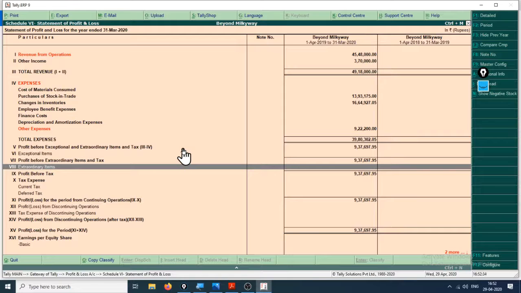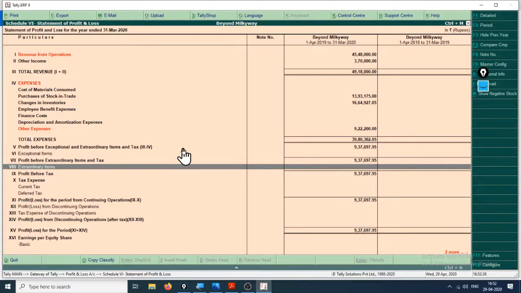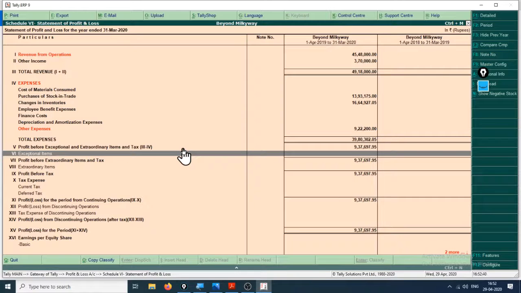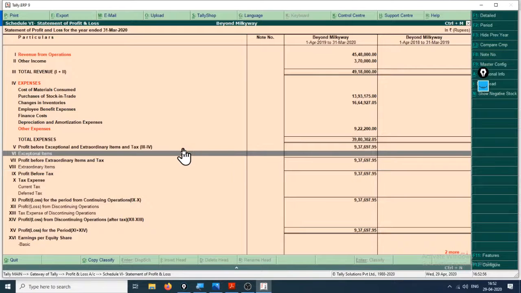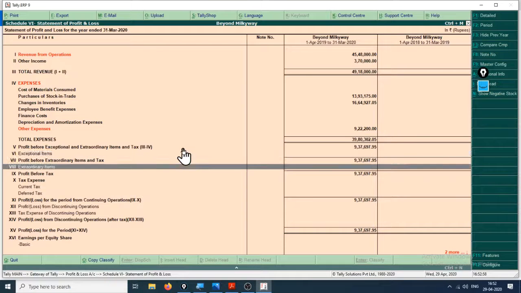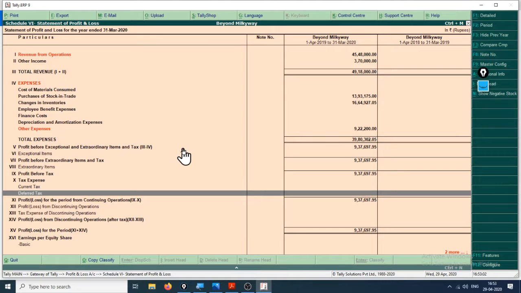Which are exceptional and extraordinary in nature, that is like loss by fire, loss by any natural disaster, loss by any person, or if any goods are stolen, that is an extraordinary item which is not supposed to happen in ordinary nature.